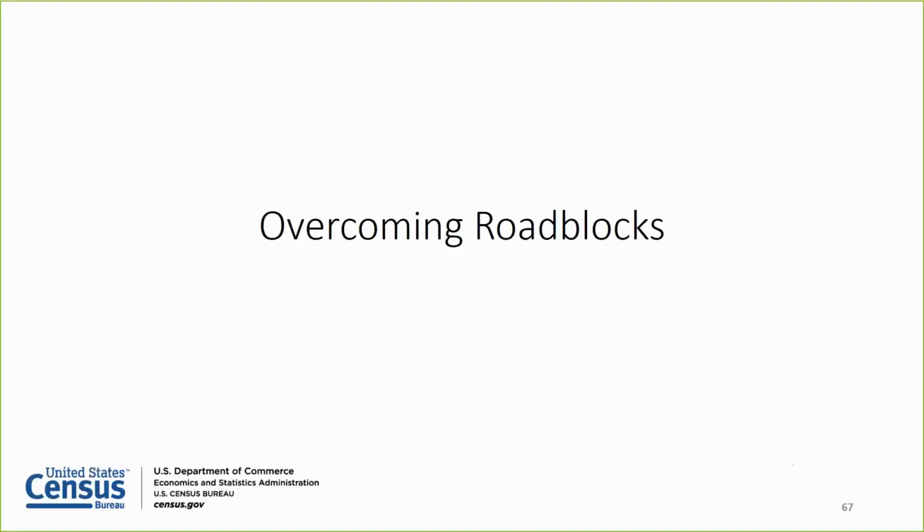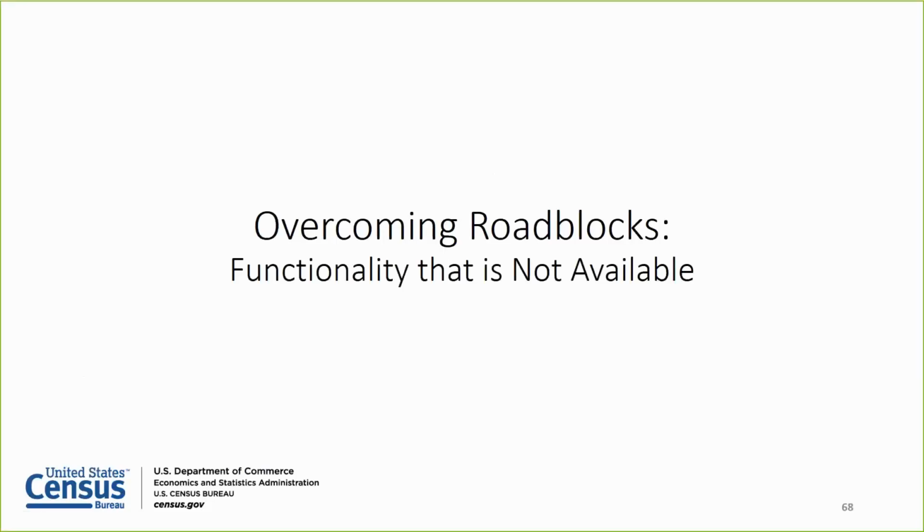So a few things I wanted to go over, what we call overcoming roadblocks. It's when you have functionality or things you're used to, specifically from maybe American Fact Finder, that you're used to how you access data there, and it's not necessarily the same in data.census.gov.